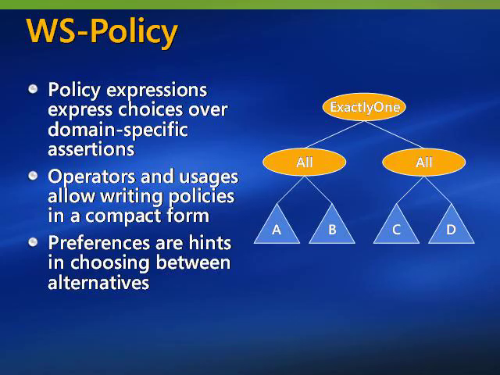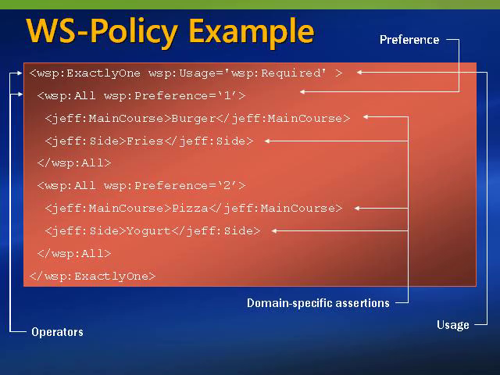So WS policy is a way to express these kinds of preferences, these kinds of requirements in a language. And it's the kind of typical language that you would really think you'd have here. You basically have a bunch of Boolean compositors, operators we call them. Exactly one is one of them. That's an XOR. All is an AND, and there's one or more, which is an OR, right?